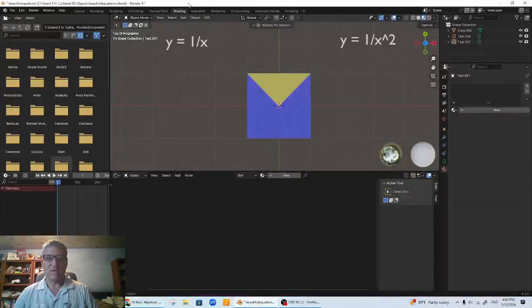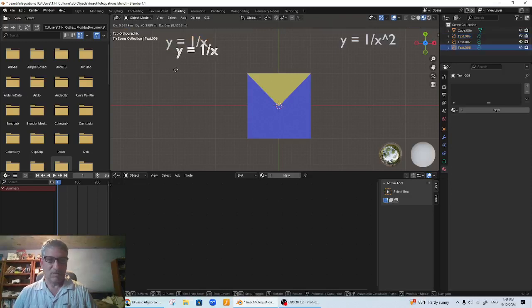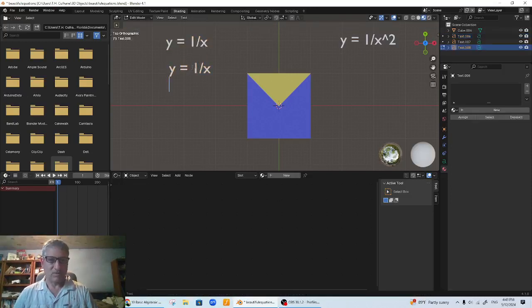And so we want to rewrite. So we're going to rewrite this one as 0 equals 1 over x minus y. And once again, it's going to be a over x minus y. And here we're going to say by, and we're going to say plus c.